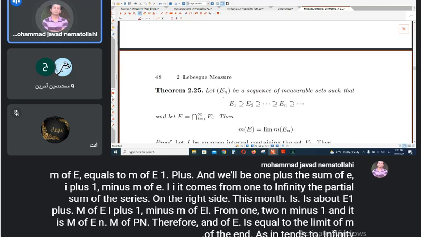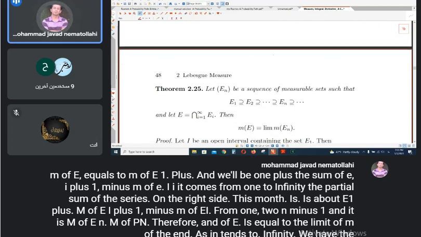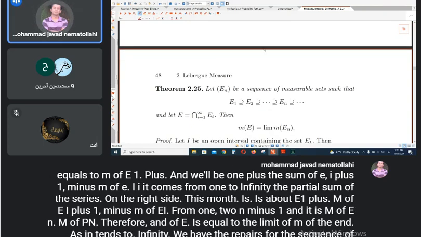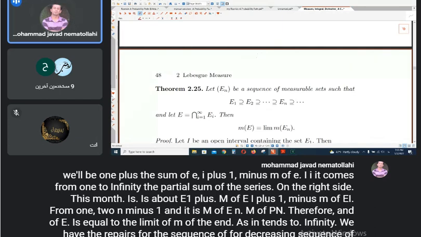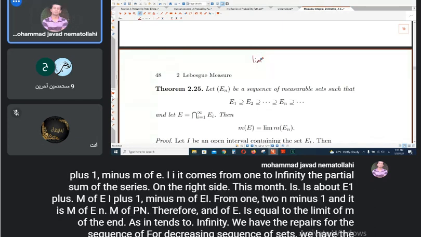We have the reverse for a decreasing sequence of sets.